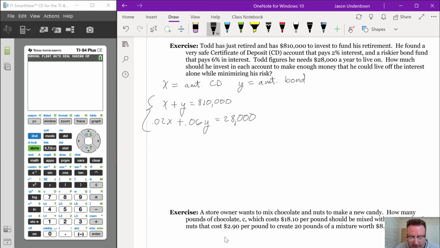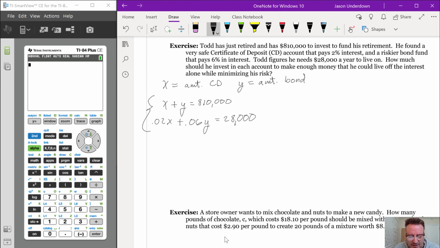Now, one thing that is a little unpleasant about this system is the decimals. It's perfectly fine to leave those values as decimals, but I want to show you something perfectly legitimate that might make our lives a little easier. This is a useful little trick: I want to clear out those decimals.